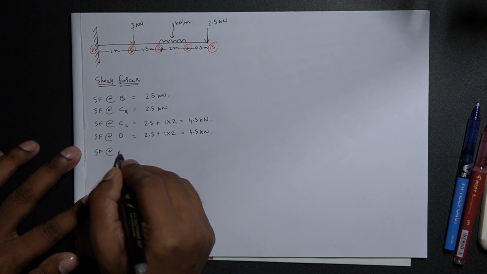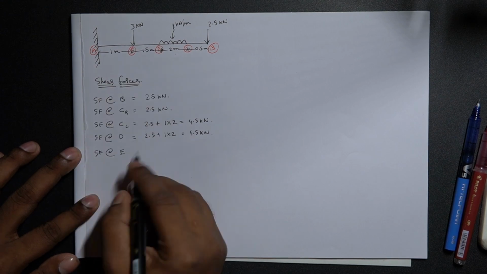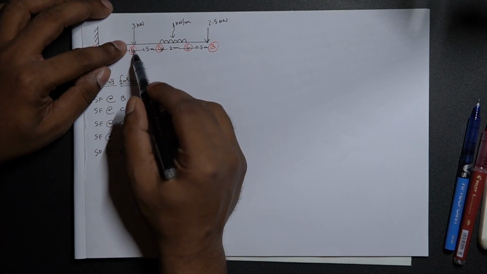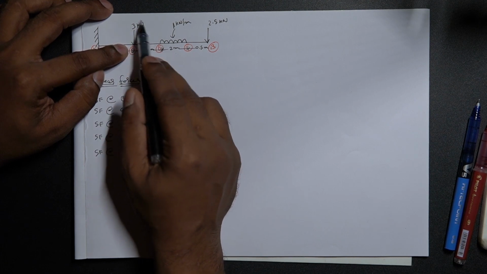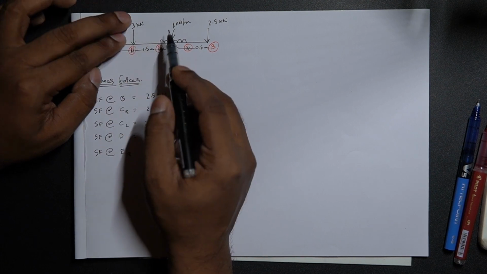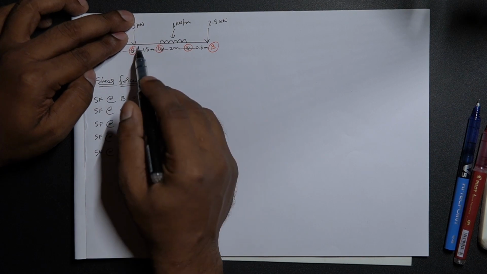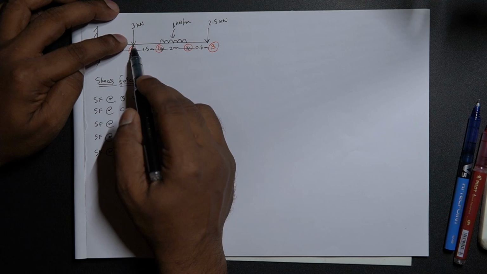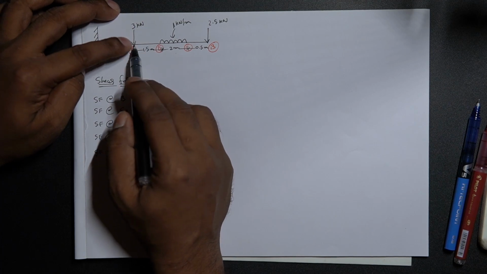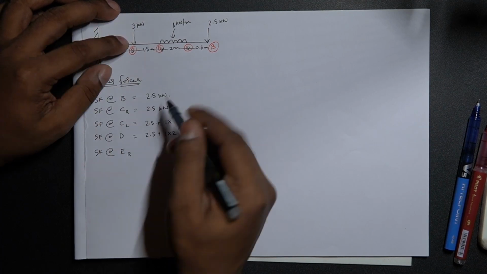Shear force at E, right. Why I have considered towards the right of E is because at point E we have a determining factor of an extra load, that is 3 kilonewtons. So we do want to calculate the change of loading happening at this point. That is the reason why we are calculating one towards the right and one towards the left.